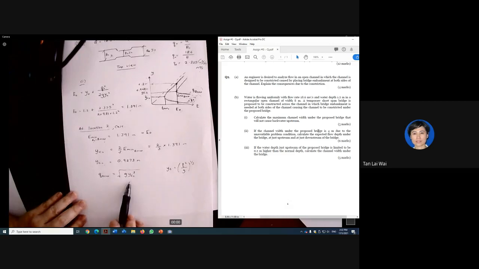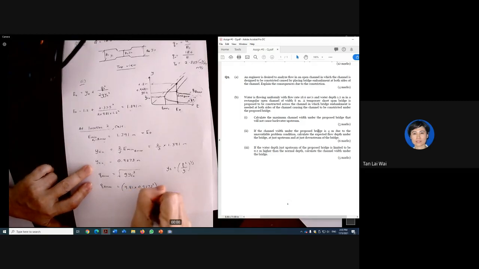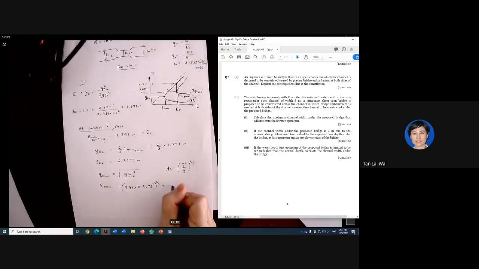It comes from this. It's just rearranging the formula. So I have QB max equals the square root of G times YC, 0.9273 to the cubic power.